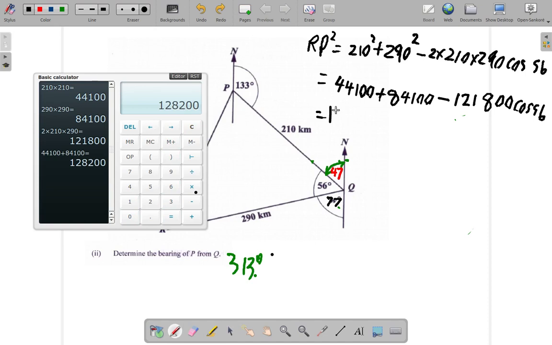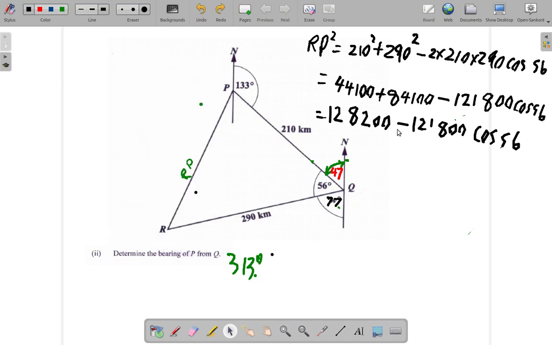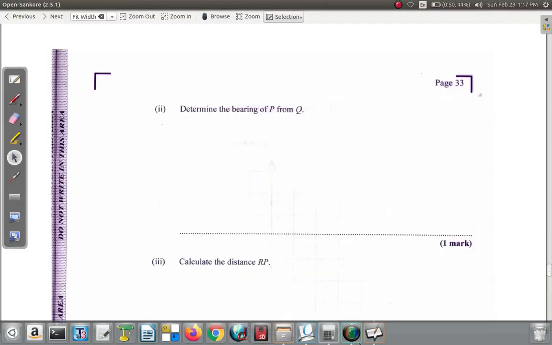So that's 128,200 minus 121,800 cos 56. Now my basic little calculator here is not going to be able to manage the rest of the calculation with cosine and so on. So let's get rid of that, and then we use another calculator. 121,800 cos 56.